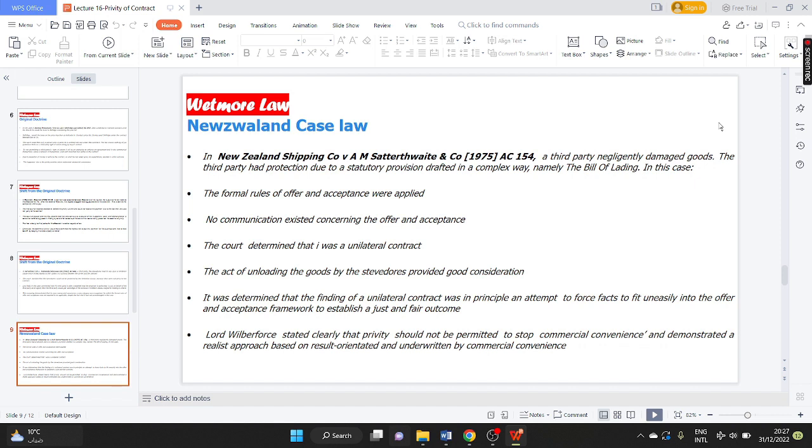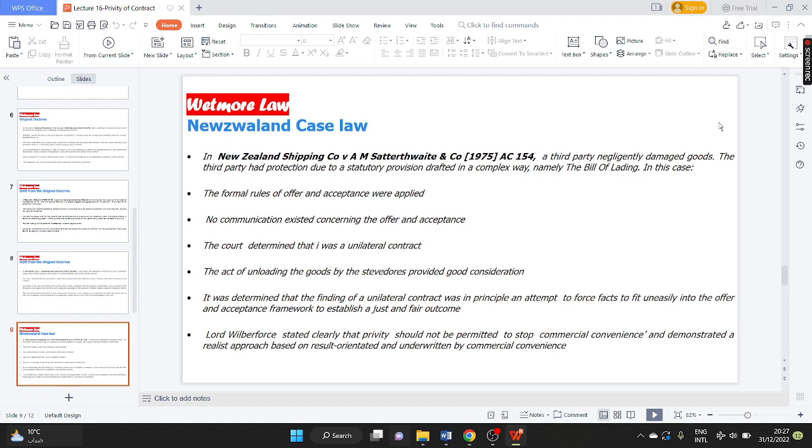The formal rules of offer and acceptance were applied. No communication existed concerning the offer and acceptance. The court determined that it was a unilateral contract. The act of unloading the goods by the stevedores provided good consideration.